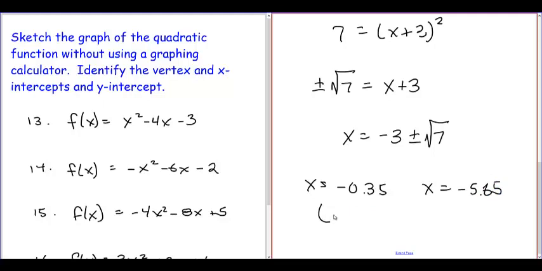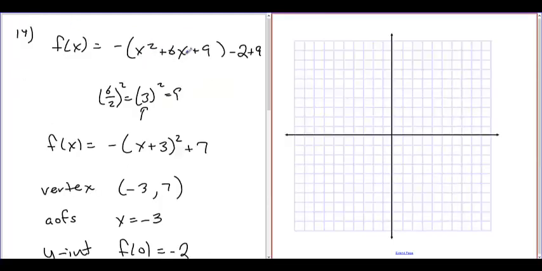Okay, or the points negative 0.35 comma 0 and negative 5.65 comma 0. Okay, so we got everything we need.